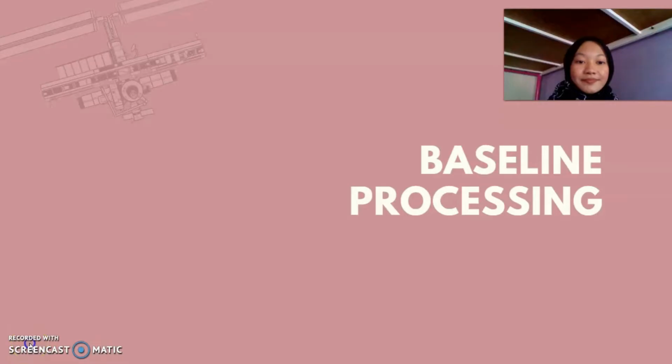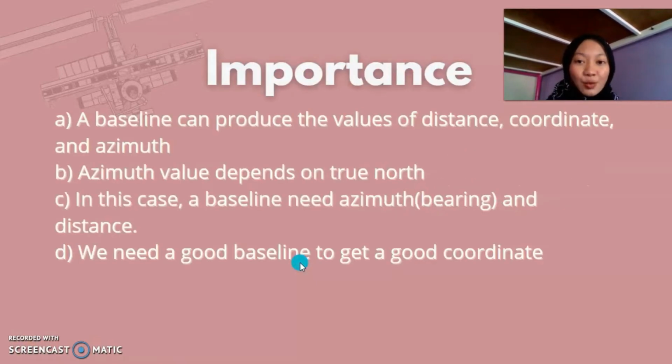Okay. Now we can proceed with the first part of the processing stage, which is the baseline processing. First, we need to know why the baseline processing is important. At the end of this process, we need to obtain the global coordinates. Relating this to our survey work, for example, traversing using the total station, how do we get the coordinate?